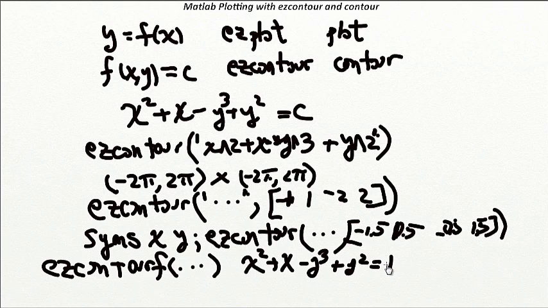In this case, it's better to revert back to ezplot, and you just issue the command ezplot. Again, you put in the polynomial and minus 1. And that will do it.